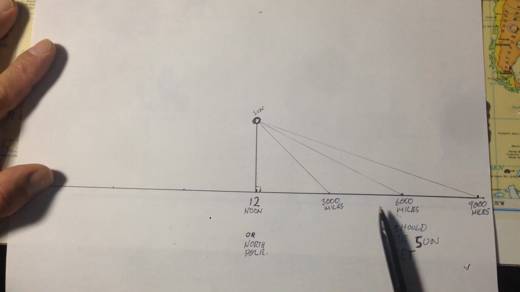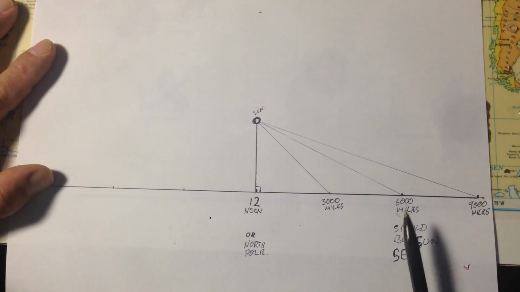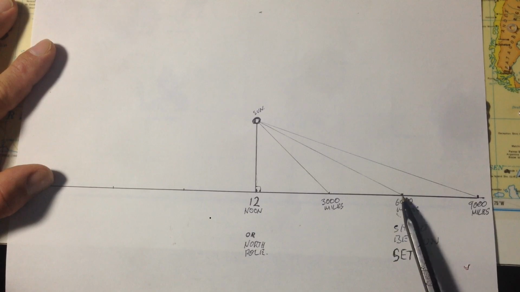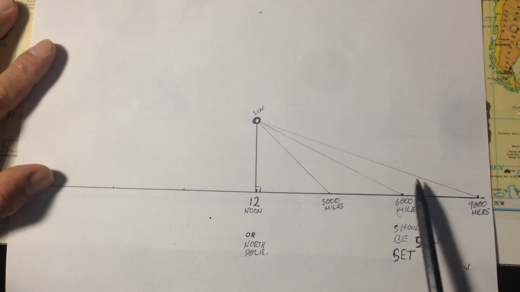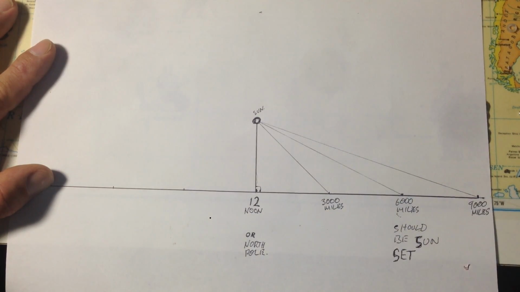This is pretty much to scale as far as the angles are concerned. So as you can see, 30 degrees. Then we go out to 9,000 miles, which should be in darkness, yet you look and the Sun is still above the horizon. So it's not looking good for flat Earth at all.